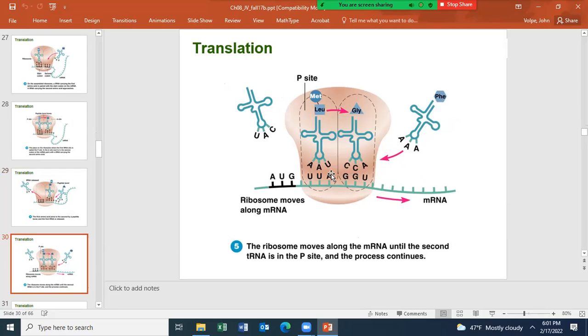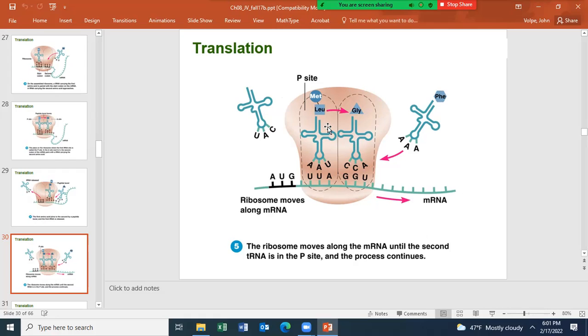So now what was the tRNA in the second position is now in the first position of the ribosome. And then the third tRNA can come into the second position of the ribosome, and it'll have its anticodon bind to the codon.